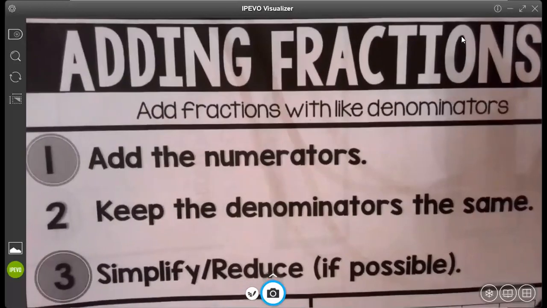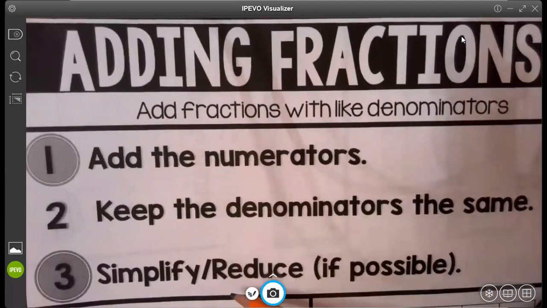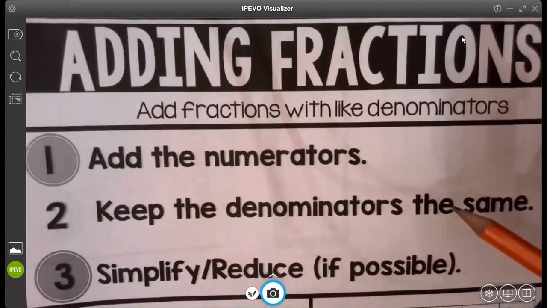In this video, we're going to be adding and subtracting fractions with like denominators. So when we hear the word like, we have to also hear the same denominators. And we said denominators are our bottom number. So there's 3 steps that we're going to use today. Our first step is we're going to add the numerators.